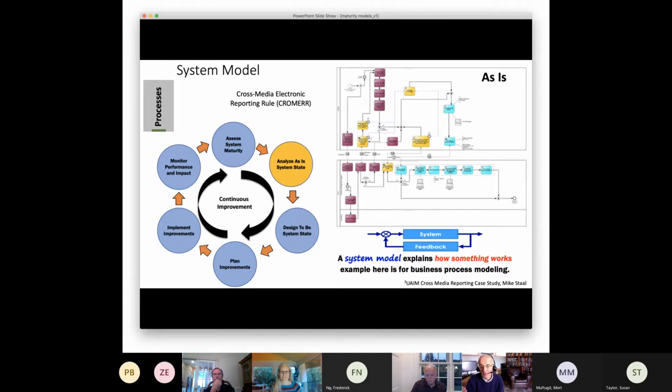Engineers have been using these things to describe hydraulics, kinetics, chemistry, and stuff like that. But in this case, our system is processes. It's not a clarifier or a biological reactor or a sewer pipe for hydraulics and so on. So our system model is actually a business process model.